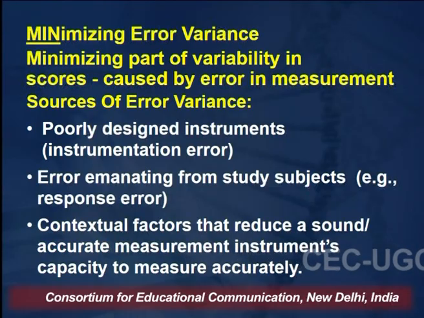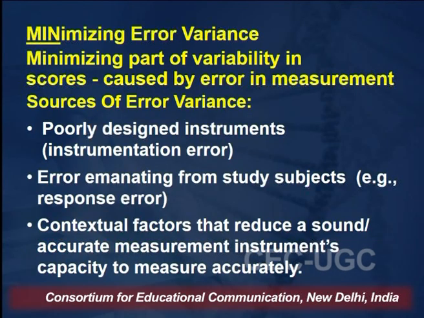Minimizing the error variance is basically minimizing the part of variability in scores caused by error in measurements. What are the sources of this error variance? When you are using certain instruments or equipment, they have an inherent error. These errors you have to account for, and you have to look for ways to minimize these error variances. The sources are poorly designed instruments, so there are instrumentation errors. Then there is error arising from the study subjects, for example response error.